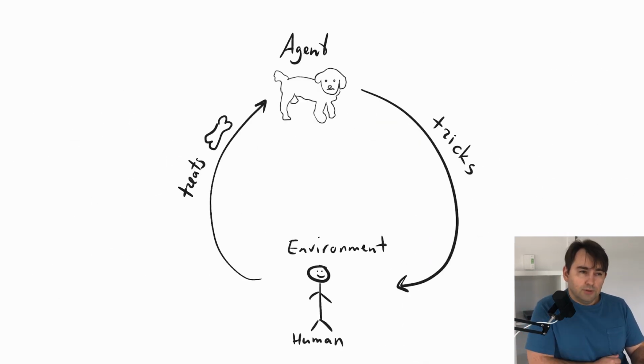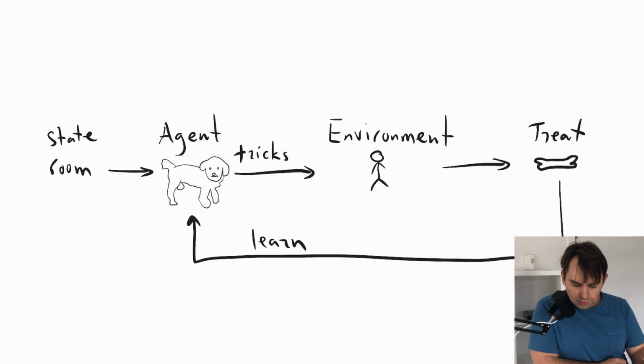Imagine you have a dog that does something that the owner likes. Then the owner will give the dog a treat, and the dog will tend to remember that this action leads to a treat and will do that action more often. We can also draw this the same way we drew our environment before to see how the learning happens here.